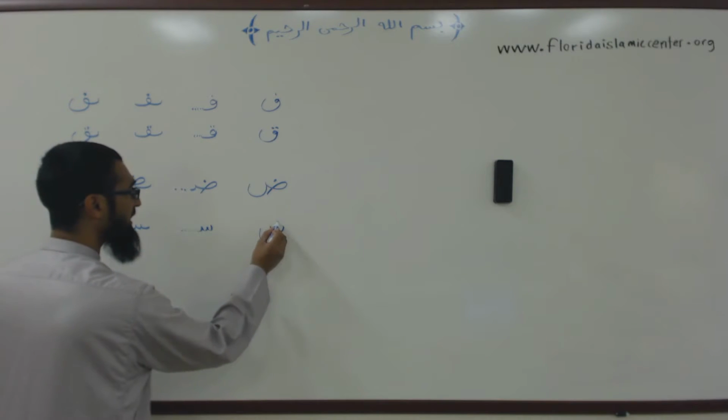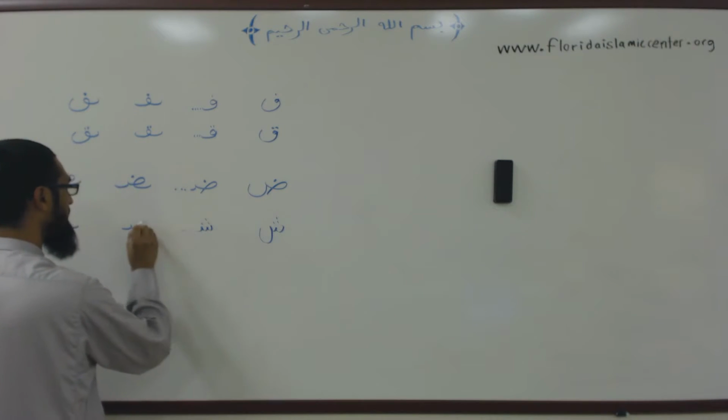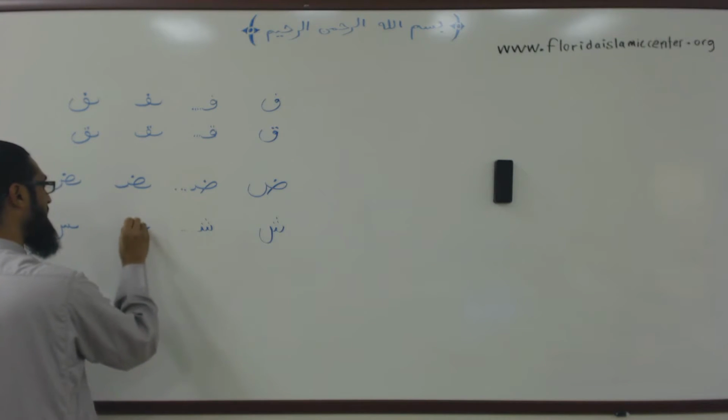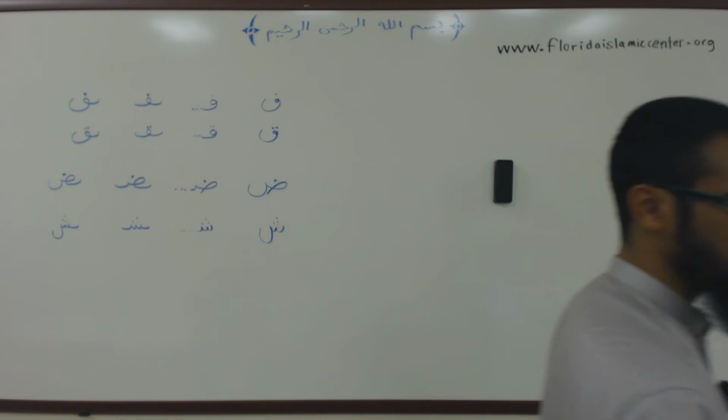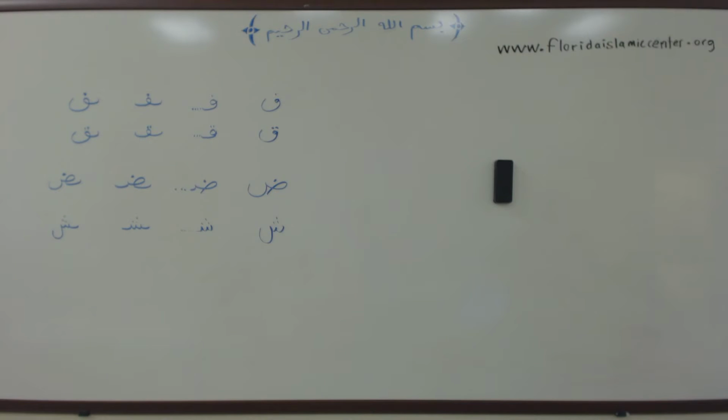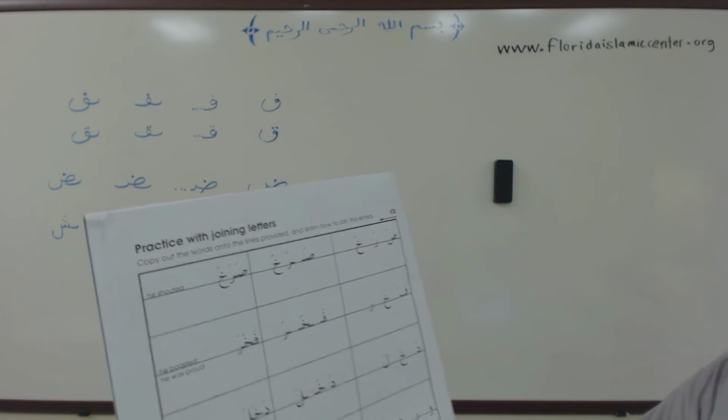Sheen is the exact same thing except it has 3 dots. That's sheen. Sheen gives you the sh sound. So here we have those letters, and now we're going to see some of them coming up.